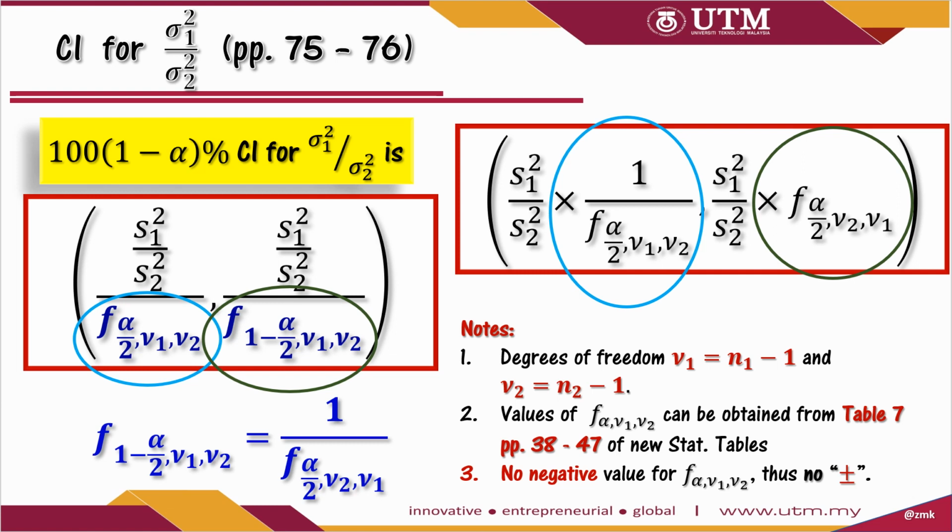In addition, the values of both lower and upper limits of the confidence interval can never be negative, as we have a ratio of variances, where variances measure variability. And as you know, variability can never be negative.